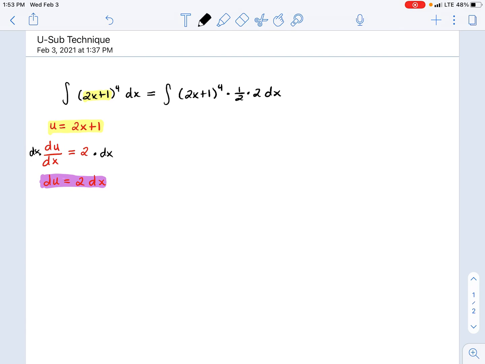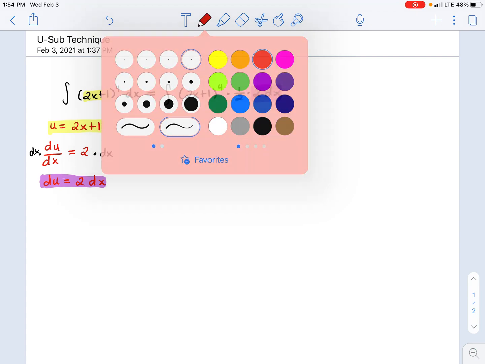What you notice is that looking at the left hand side of the equation and the right hand side, they're the exact same expression, because if I simplified the right hand side by multiplying 1/2 times 2, I would get exactly what I have on the left. But the whole purpose of doing that is that now I can substitute in my du, because this part is my du.